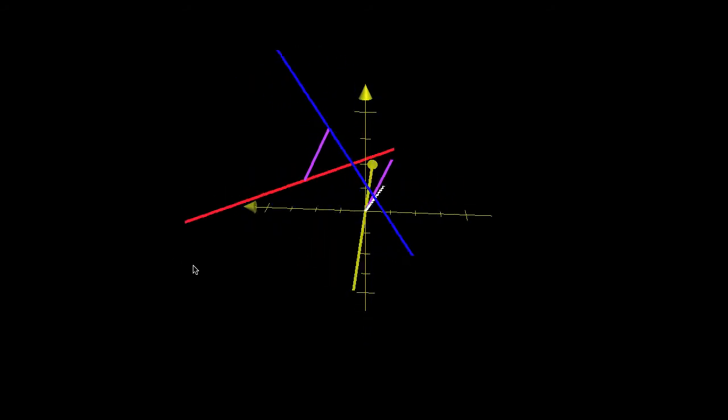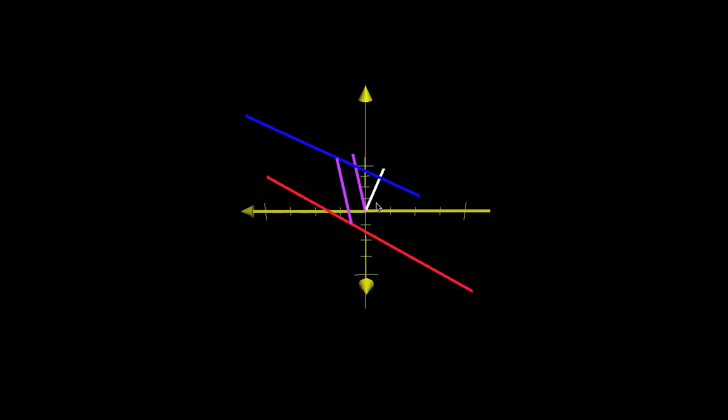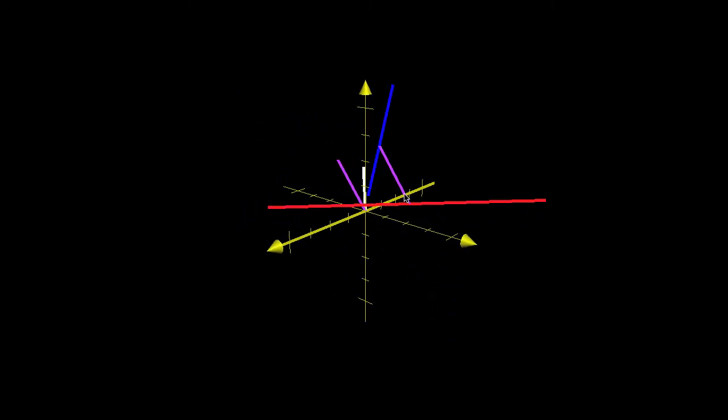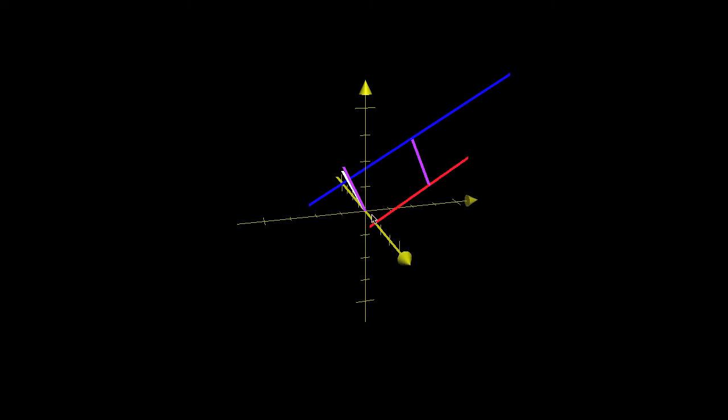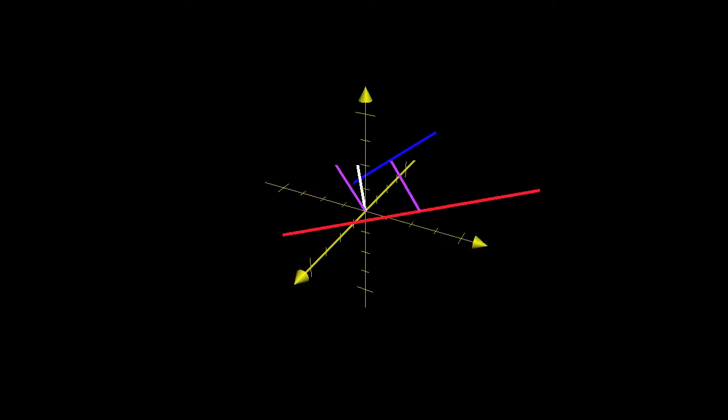Now, if you think about this vector right in here, which is the projected length of the purple vector onto the white unit vector, that vector right in there must in fact have the direction and length of the line that separates the blue line from the red line at their closest approach.